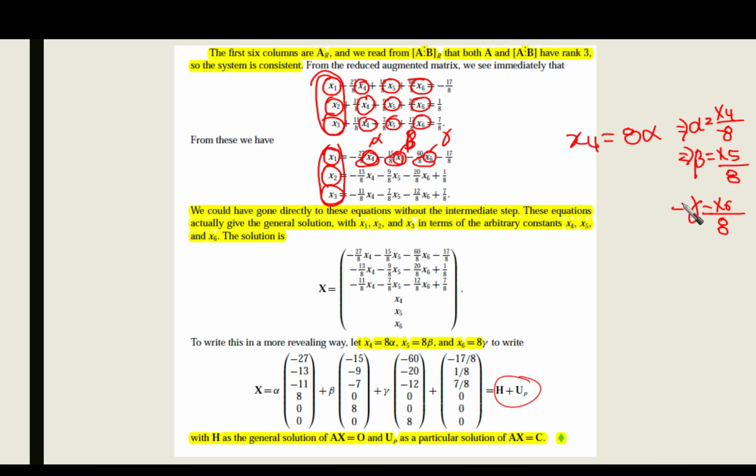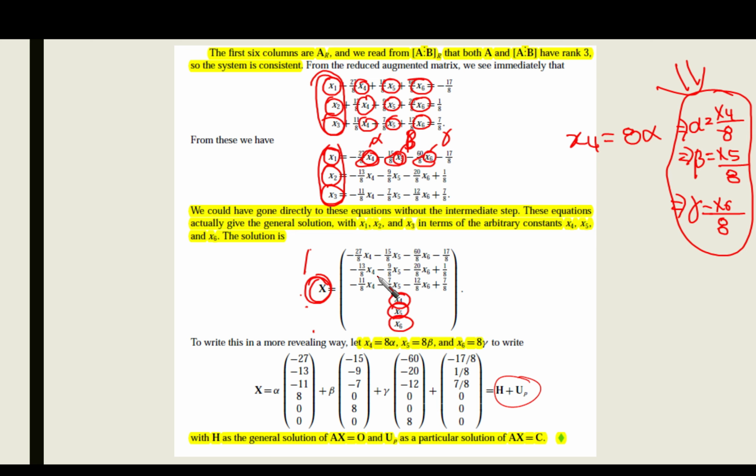Okay, so we have these three constants. Now, if we treat them as constants, we're going to arrange it and put it in this form. That is x, which means x1, x2, x3, x4, x5, and x6. This is the meaning of the vector x. And then we put what we have put here. The first equation is arranged here, second, third, and then here x4 only, x5, and x6.